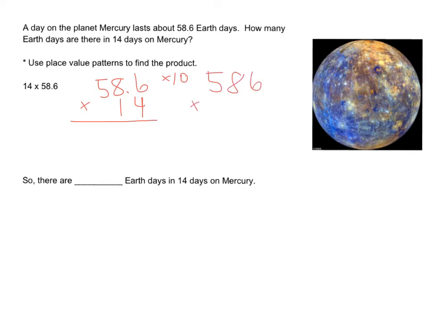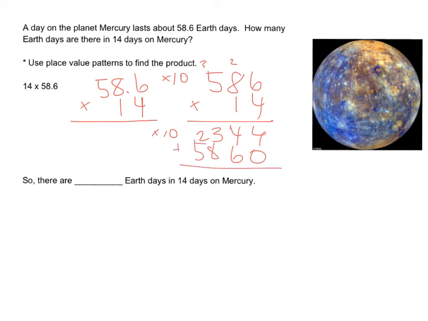586 times 14. That means that this product would also be 10 times greater. I'm going to go ahead and multiply this now with my whole numbers. So take a moment to do that. That's 32, 34, 23. Here's my 0. I'm going to do my times by 10. There we go.